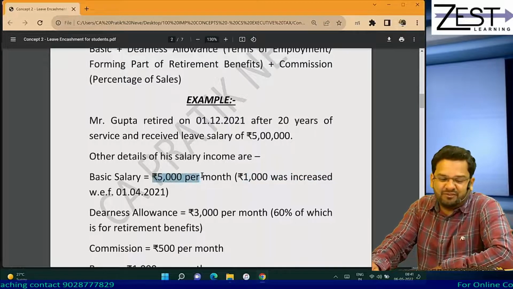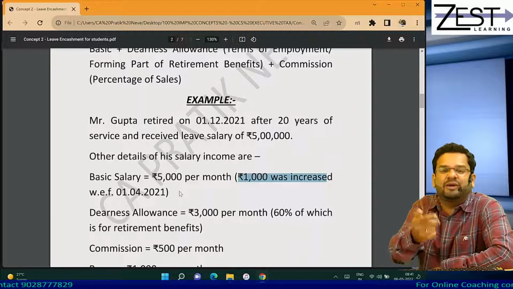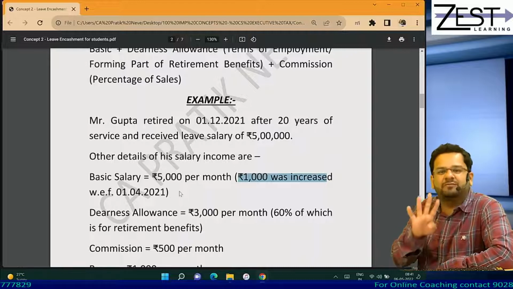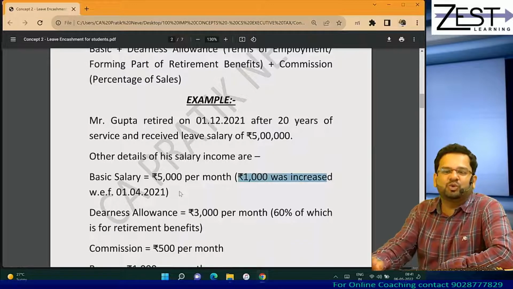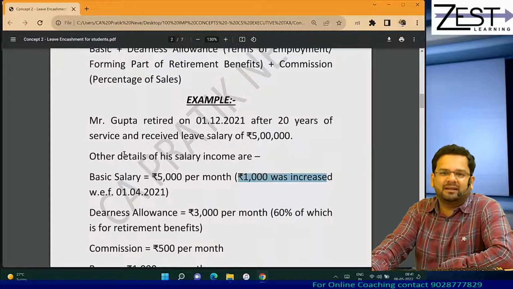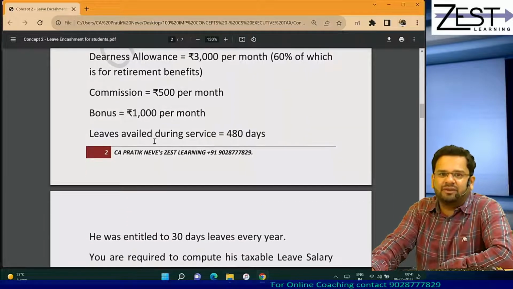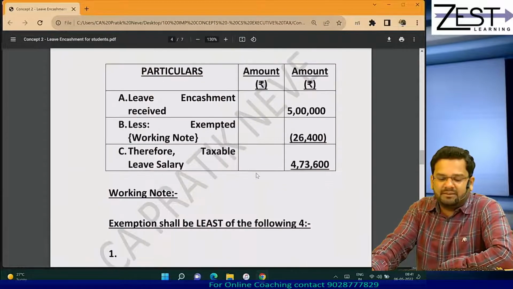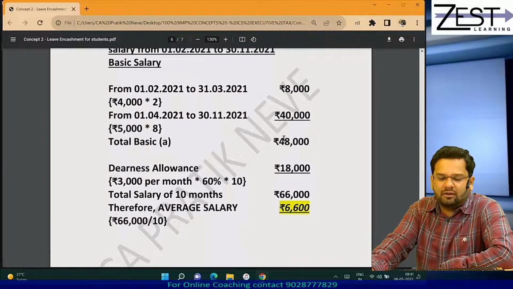So take on your calculator 4,000 into 2 months, you get 8,000, and for the balance 8 months it is 5,000 per month. So 5,000 into 8 is 40,000. This way you get the basic salary of the last 10 months as 48,000.